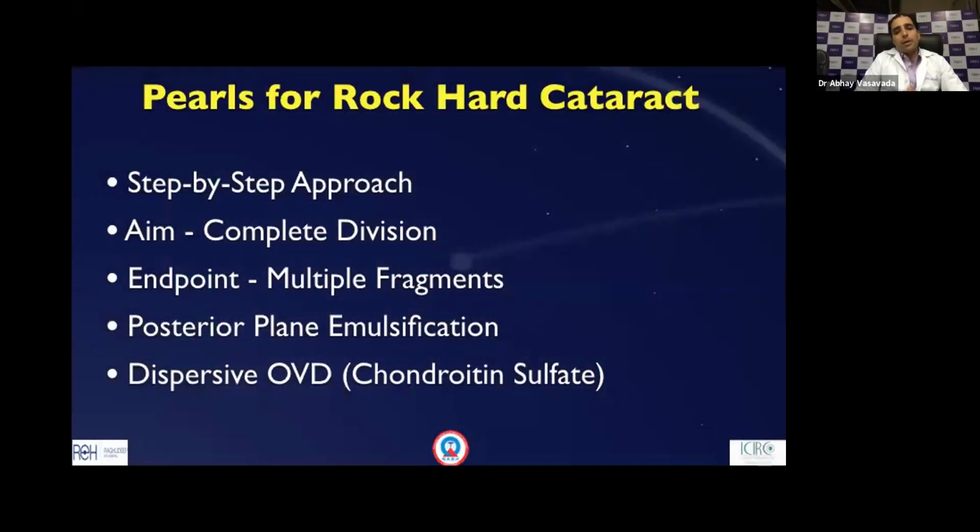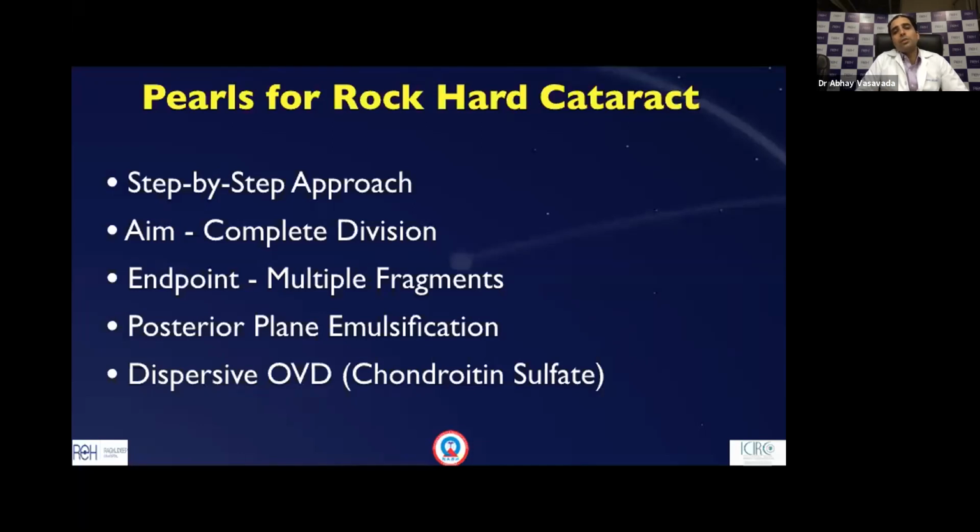So I think the points to keep in mind as far as a very hard cataract is to aim for complete division, go for a step-by-step approach. Make sure that you have created multiple fragments before even attempting to remove a single fragment. Try and keep the fragments as posterior as possible, and like I showed, right in the center of the eye rather than moving towards the different fornices.